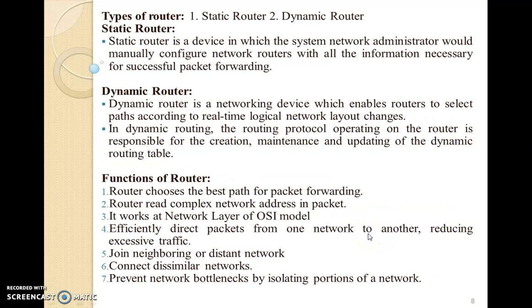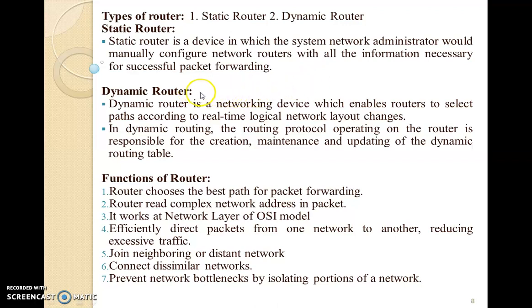Now there are two types of router, generally static and dynamic. A static router is a device in which the system network administrator manually configures the network router. So in a static router, the administrator needs to configure the router statically, and that is why it is termed a static router.